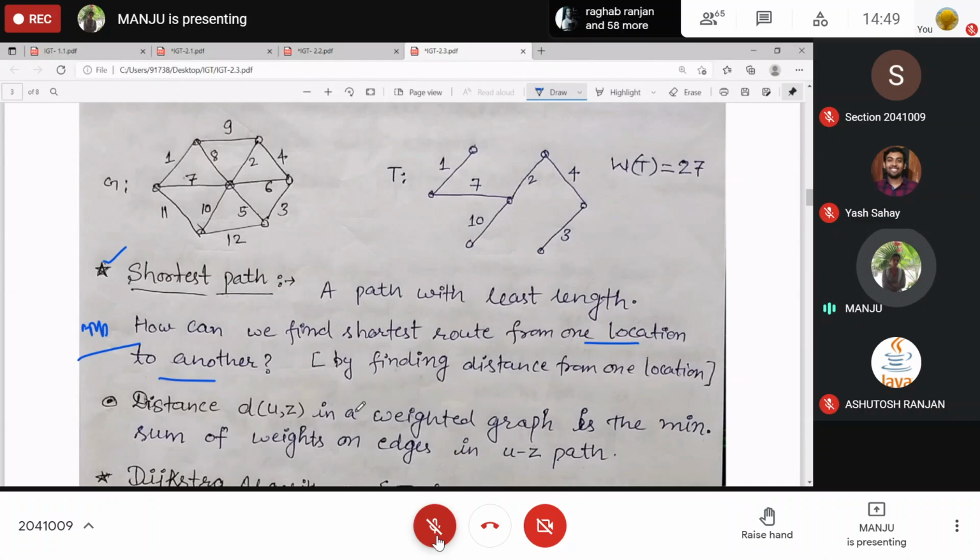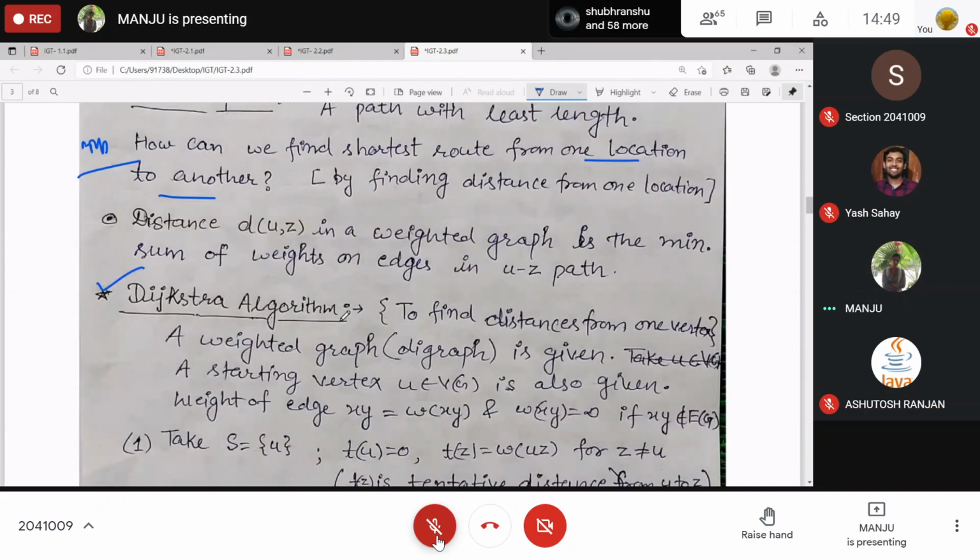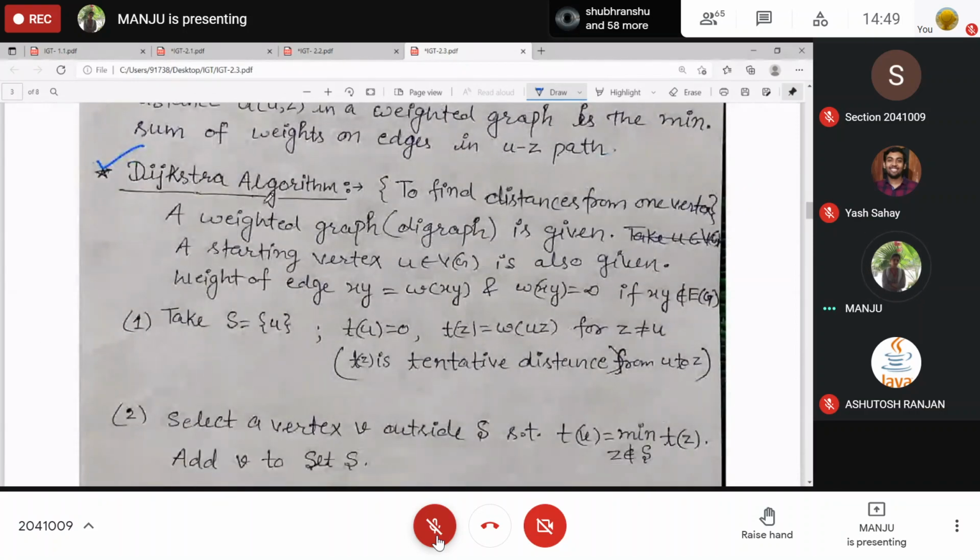And this distance you can find by Dijkstra algorithm. Okay? Dijkstra algorithm is used to find the distance from one vertex in a connected weighted graph or diagram. Clear? So what do you do? Start with the vertex u, whatever it is given, from which we want to find the distance. This distance we want to find from u to every other vertex.